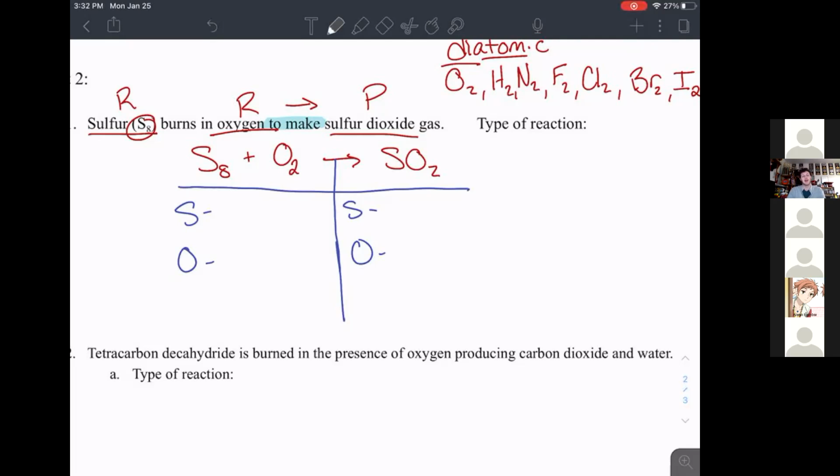So on our reactant side, how many sulfur atoms do we have? 1. We have 1. Perfect. How many oxygen atoms do we have on that reactant side? 2. Awesome. On the right side, our product side, how many sulfur do we have?